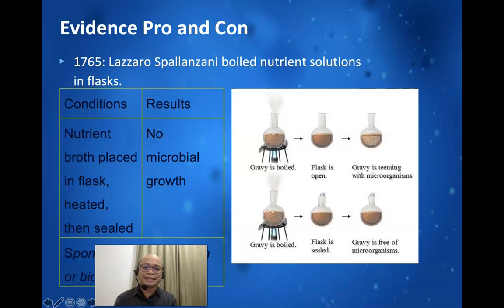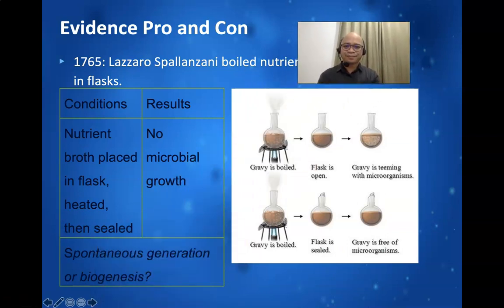Lazzaro Spallanzani also had 2 sets. He actually used chicken broth. Both were boiled. After boiling, in the same container, the first set, the flask was open. On the second set, the flask was sealed.